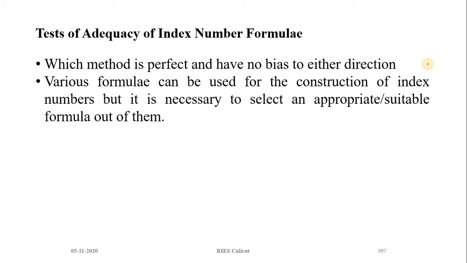Okay, so in the last lecture we also discussed the problem with the Laspeyres index, and similarly the problem with the Paasche index. The Laspeyres index has certain upward bias, oh sorry, downward bias, whereas the Paasche index has some upward bias.